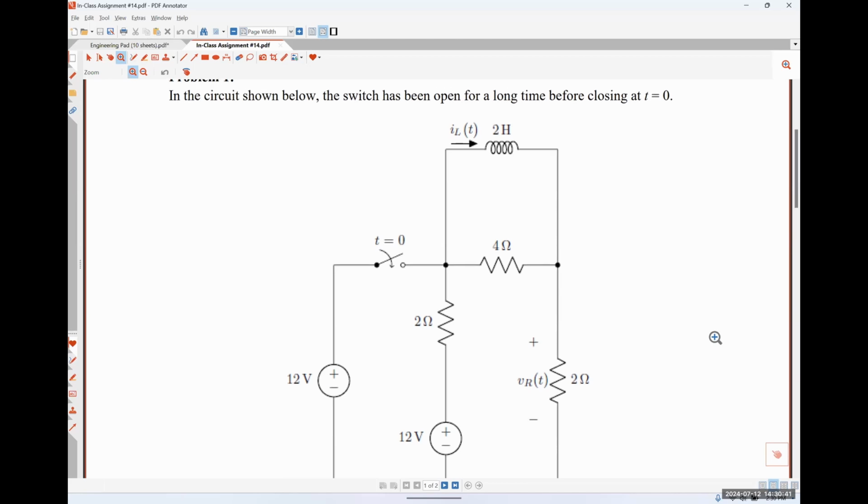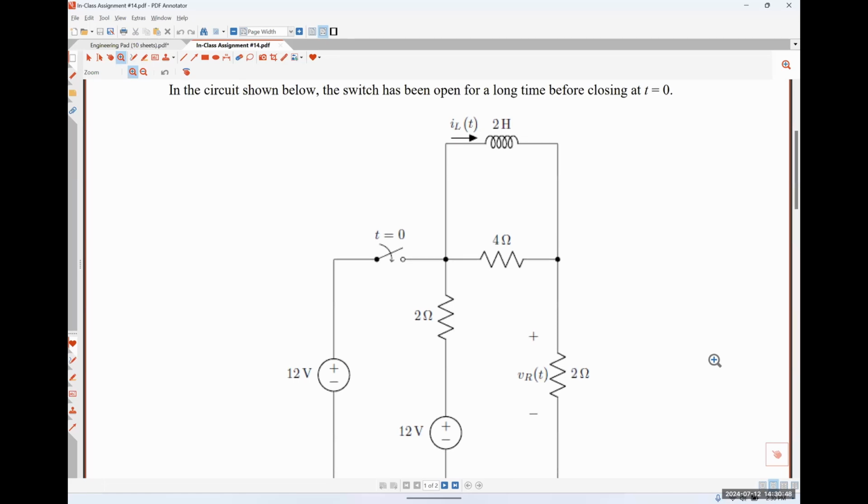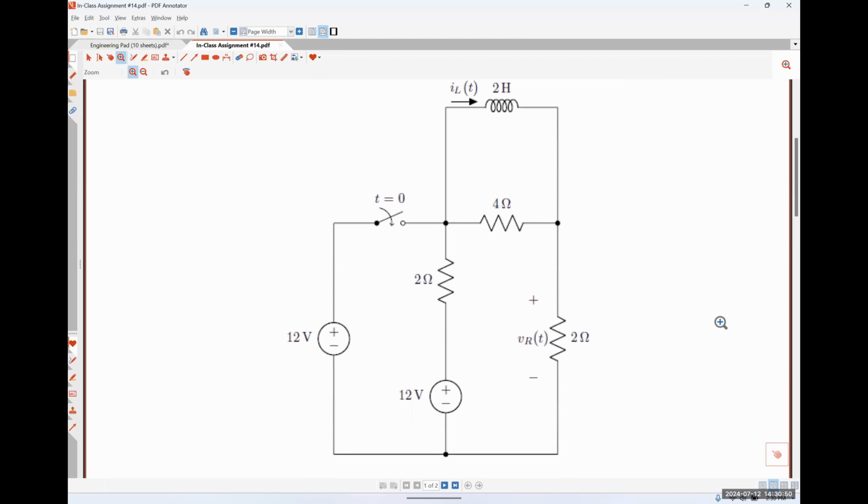All right, so let's look at this first problem here. In this circuit, we have a switch that has been open for a very long time before it closes at t is equal to 0, okay? I think that this is going to be a total response problem, because this 12-volt source right here is always connected, okay?